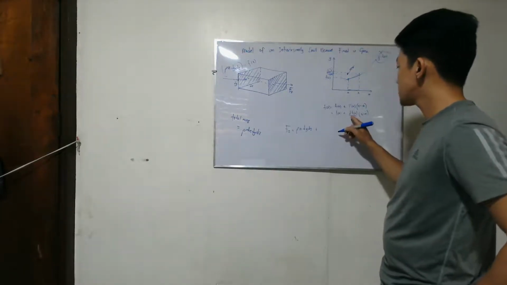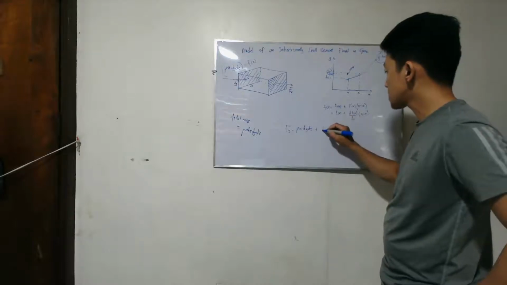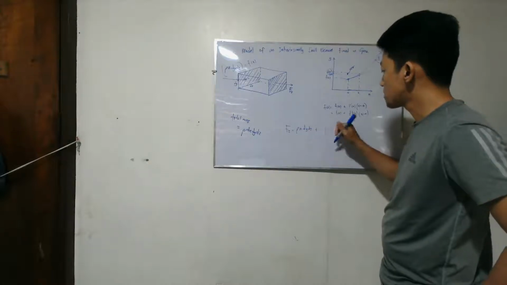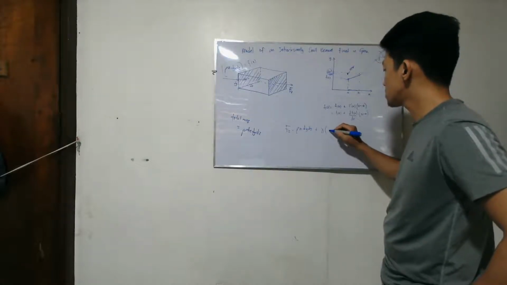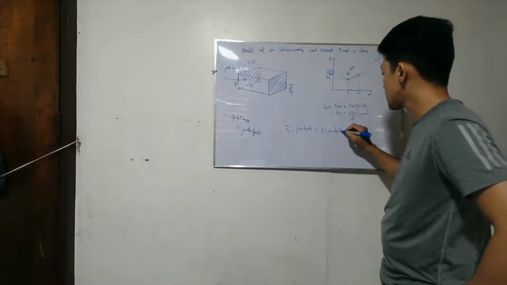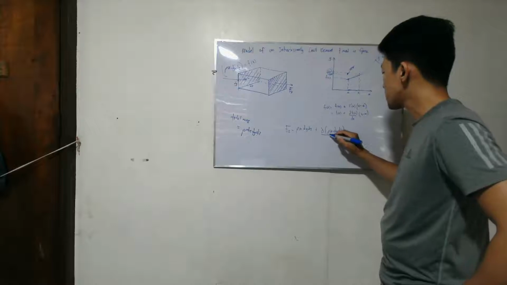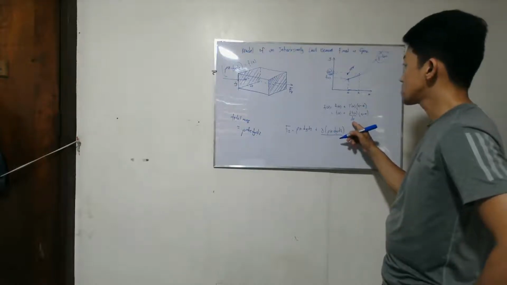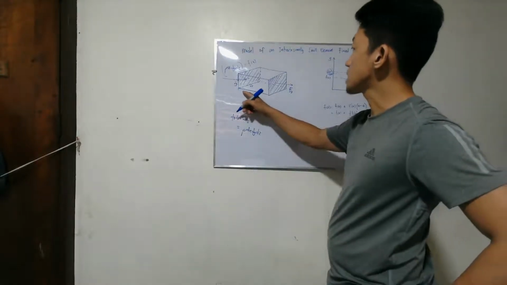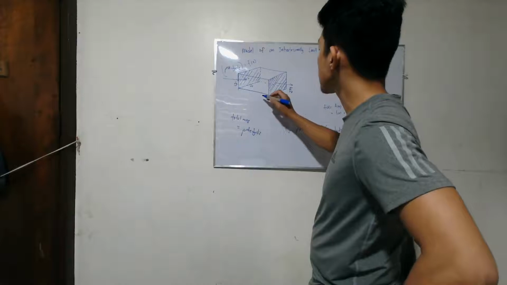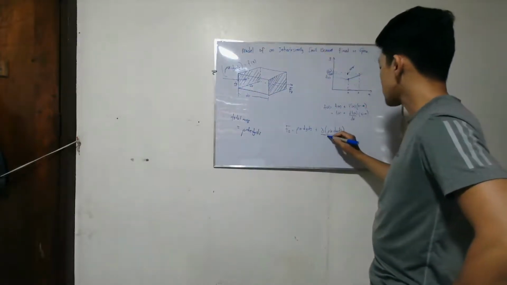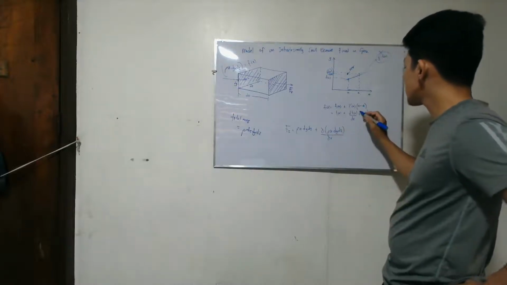Plus derivative daan, since duha man ni ka variable, partial of rho u dy dz with respect to x, kani unsa ni siya giagian, this is your dx with respect to x times x minus a.